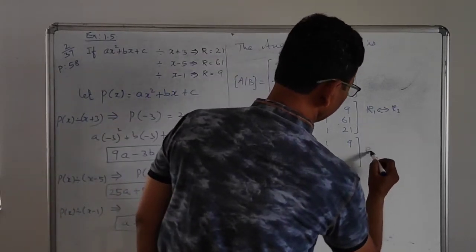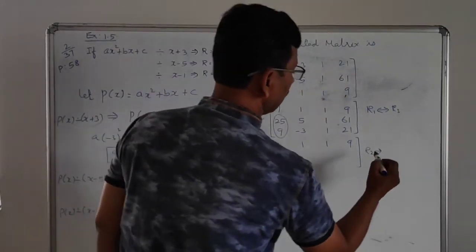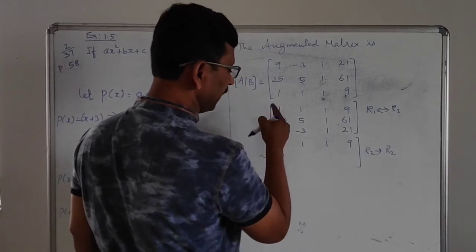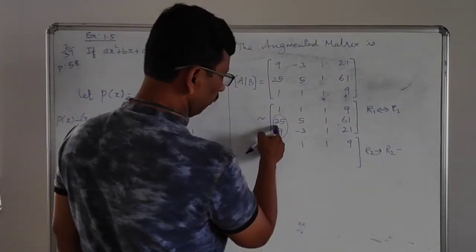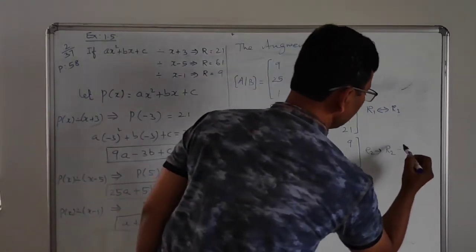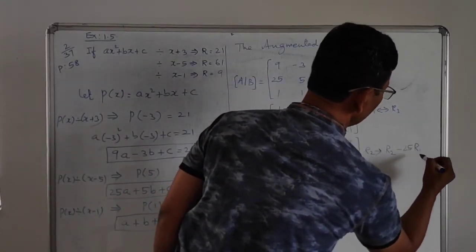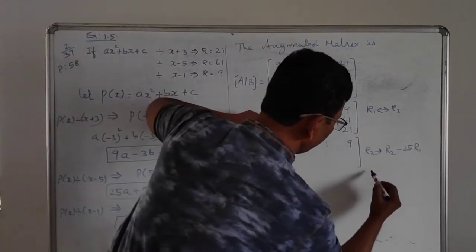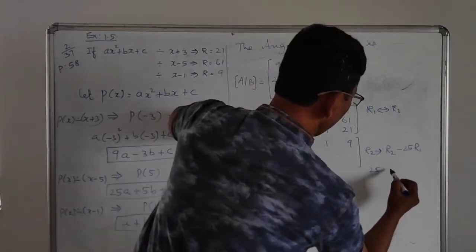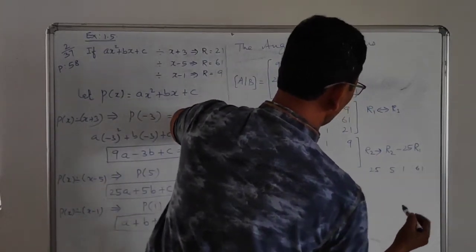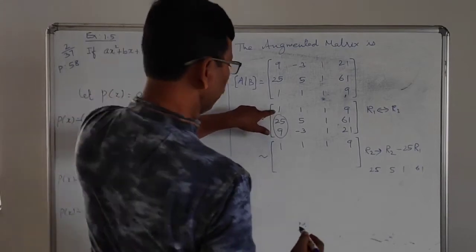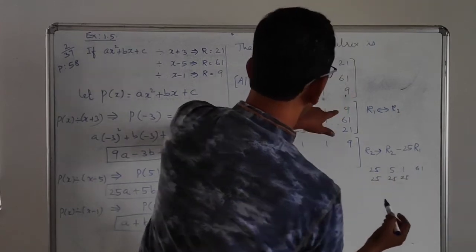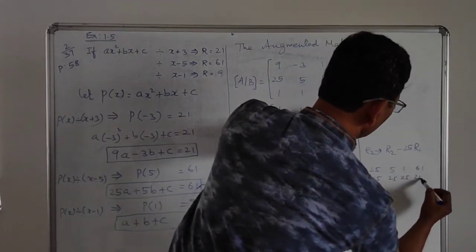See, second row means first you can write R2. Then these two have the same sign, so you have to put a minus. This is 25, which means this must be multiplied by 25. Therefore, you can write 25 times R1. As a rough work, you can write 25, 25, 25, and 25 into 9 gives 225.